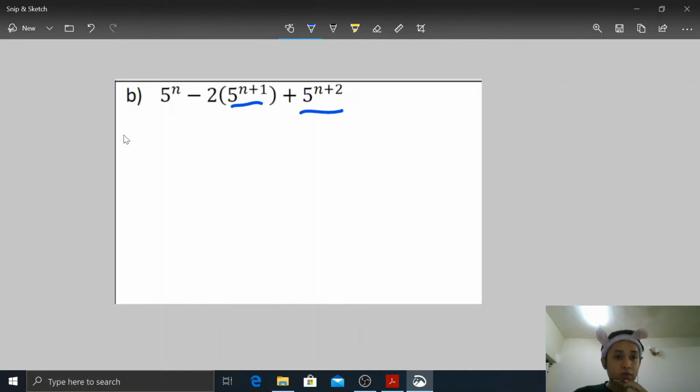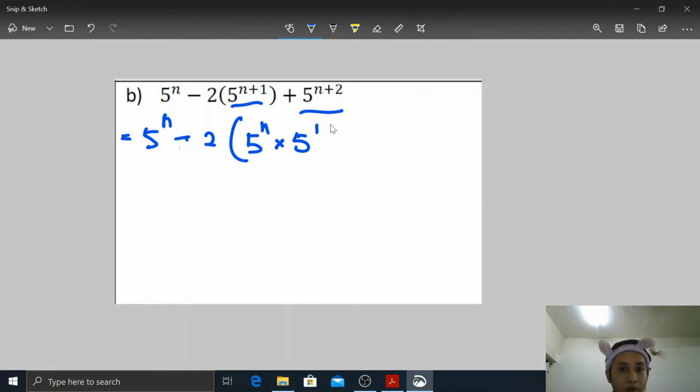So normally how we do this is, this one is minus 2. 5 to the power of n plus 1, we can change it into 5 to the power of n multiplied by 5 to the power of 1, and this one will be 5 to the power of n multiplied by 5 squared.